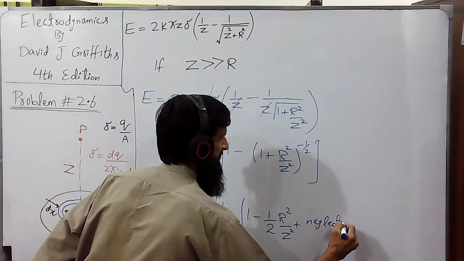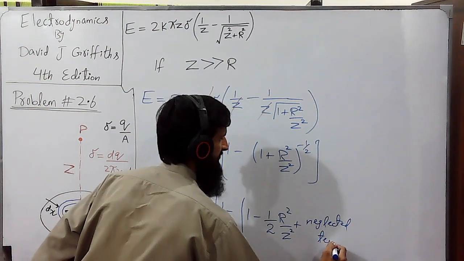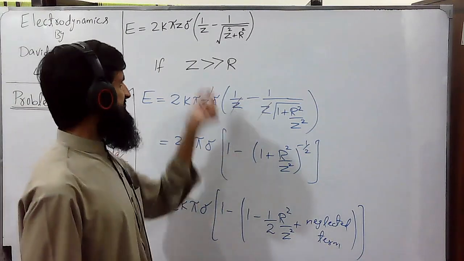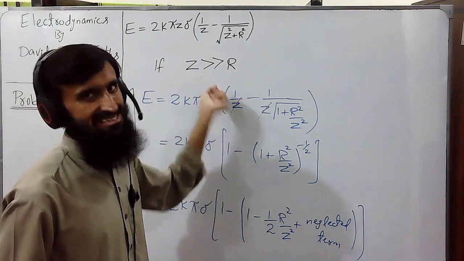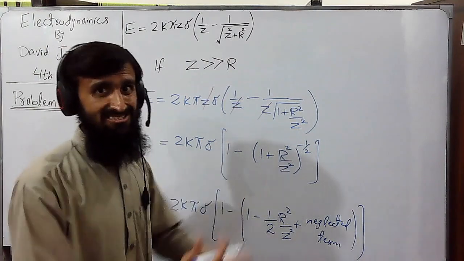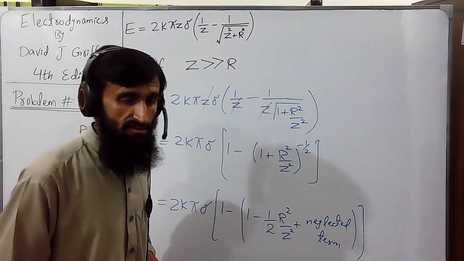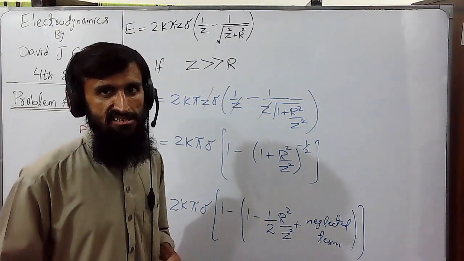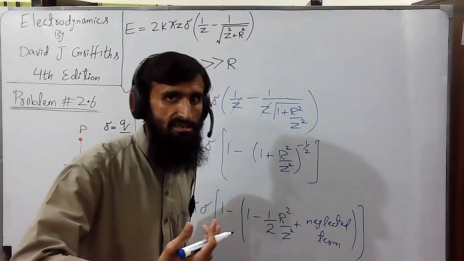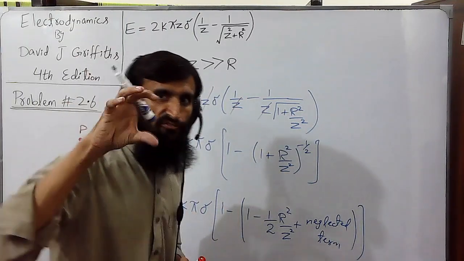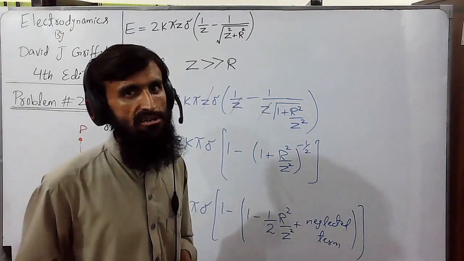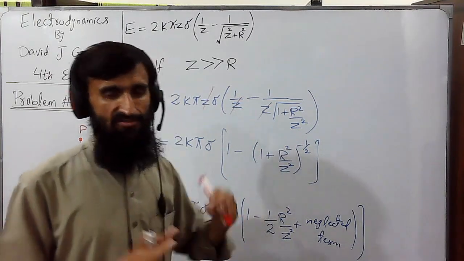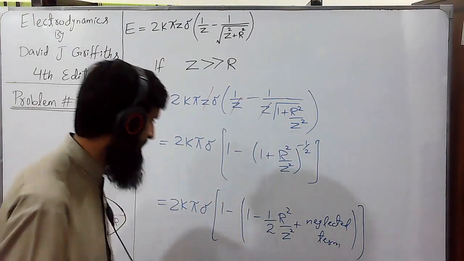Again neglected terms. Why have the higher terms been neglected? Again the same reason, that z is very very larger than r. So in the higher terms, we will have z with higher power in the denominator. As z has higher power in the denominator, that fraction is getting smaller and smaller and finally is removed.